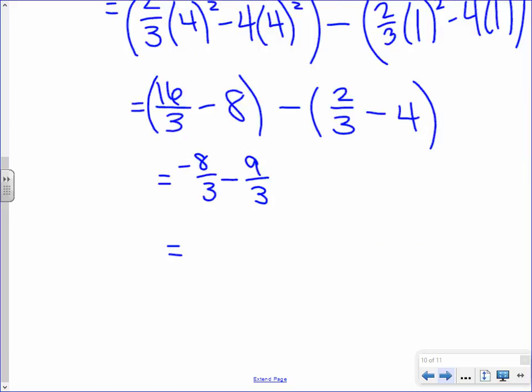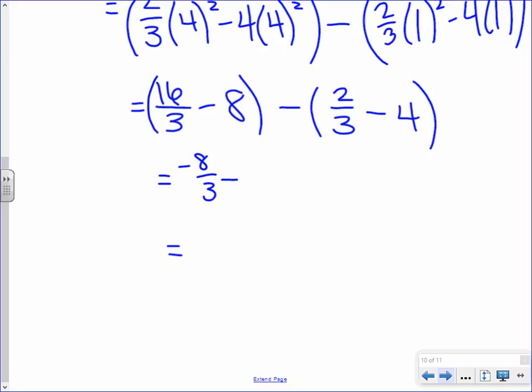For a total of? You told me 9 thirds. Sorry, 10 thirds I meant. You get negative 6. Okay, let's be careful here. What is 2 thirds minus 4? Negative 10 thirds.